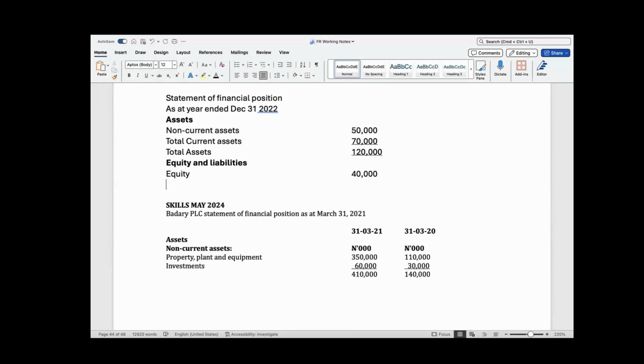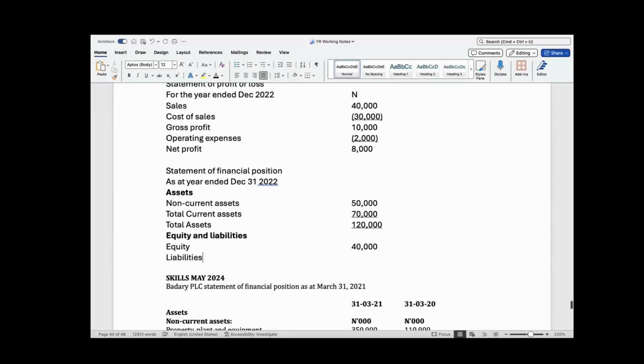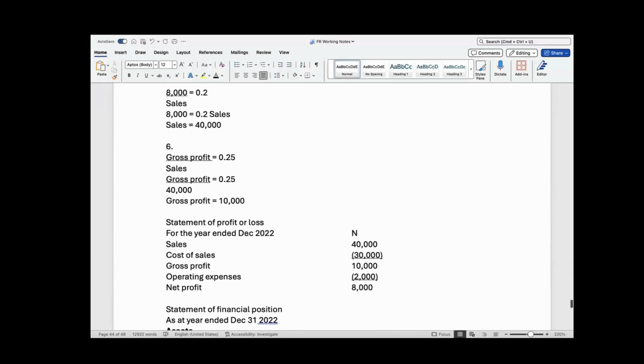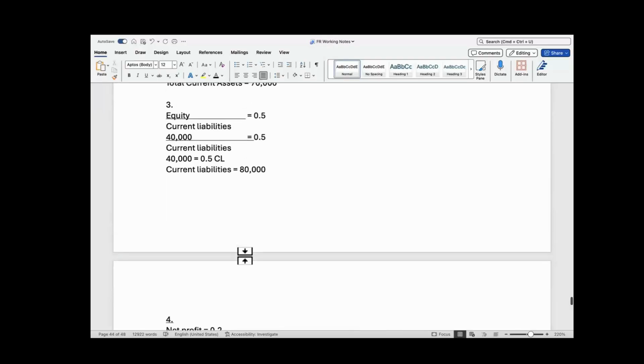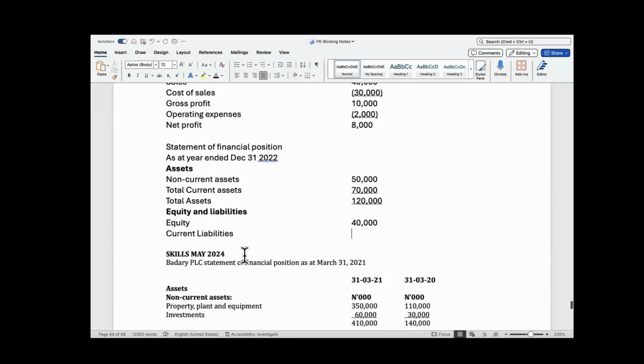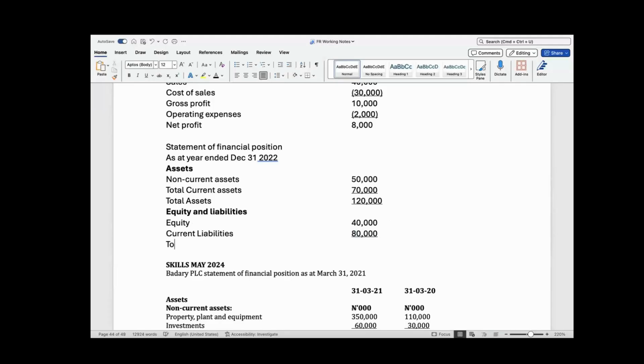Then I have my liabilities, but to be specific, I could calculate current liabilities from here as 80,000. If I sum them together, you see that your account will balance. Total equity and liabilities gives you 120,000.